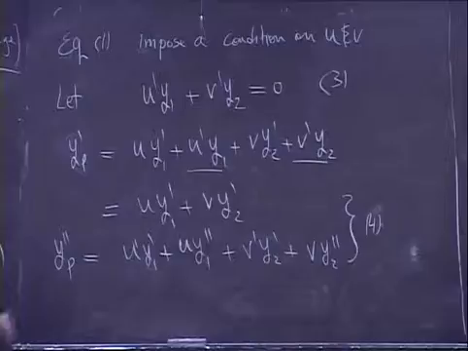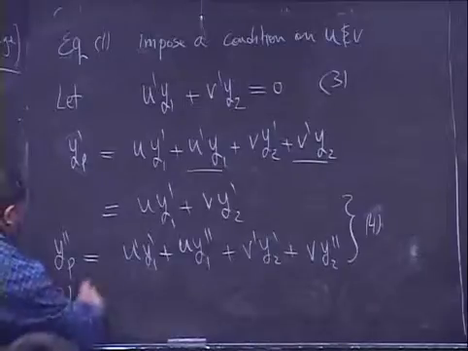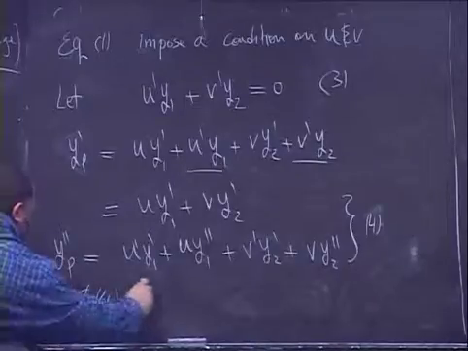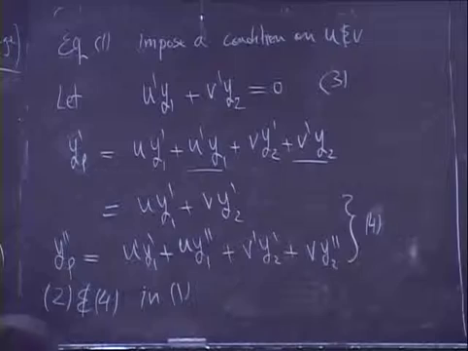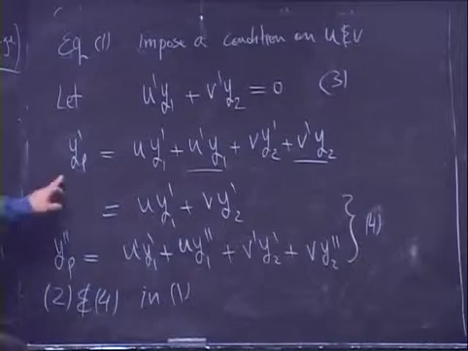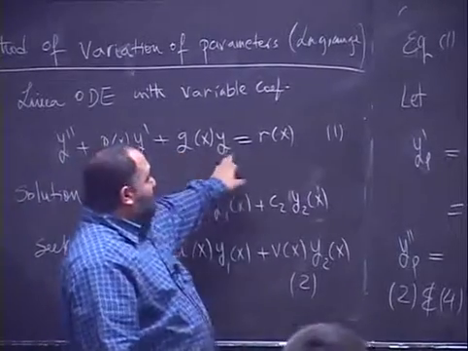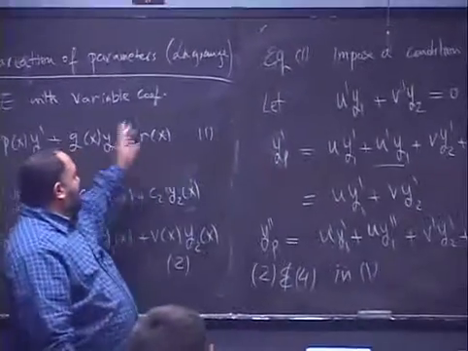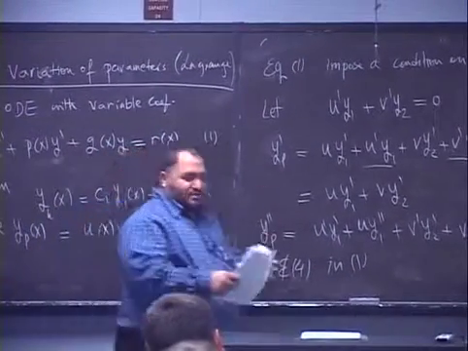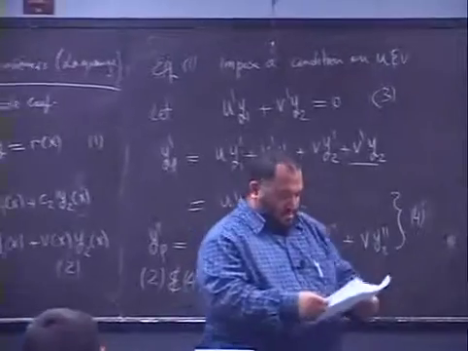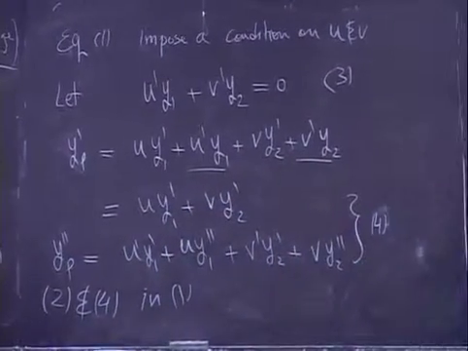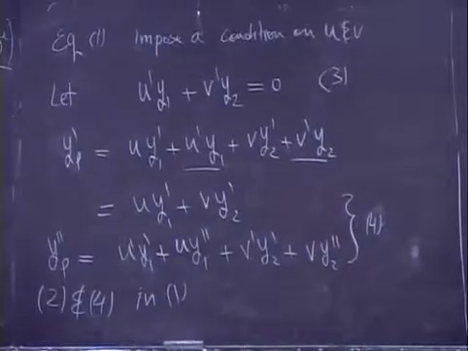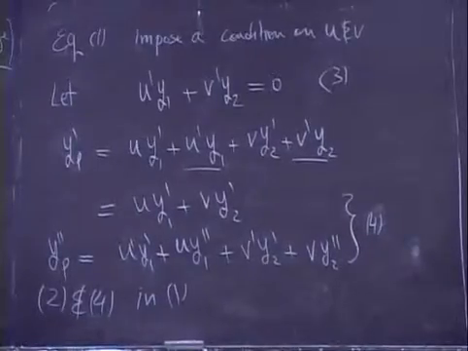So 2 and 4 in 1. So you need y double prime, here is y double prime, and you need p of x y prime, here is y prime, and then you need g of x multiplied by yp, here is yp, equal to r of x. Just substitute.